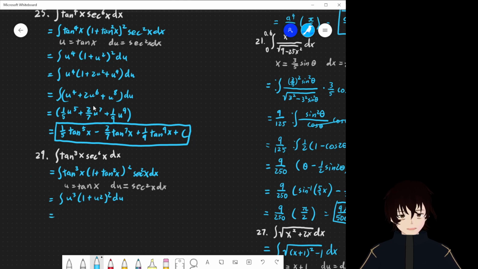And we're just gonna take from number 25, and this is going to be equal to the integral of u to the power of 3 plus 2 u to the power of 5 plus u to the power of 7 du. Exactly the same thing as this, but 1 power lower.